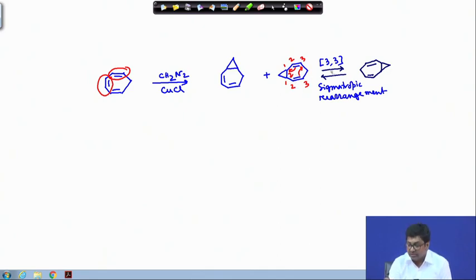That is, overall the 3,3 sigmatropic rearrangement is happening here. That means at the 3,3 place the new sigma bond is coming, and at the 1,1 place the older sigma bond is getting broken. So, overall we are getting the 3,3 sigmatropic rearranged product by this method, and this is very rapid and reversible, because energetically both are the same.